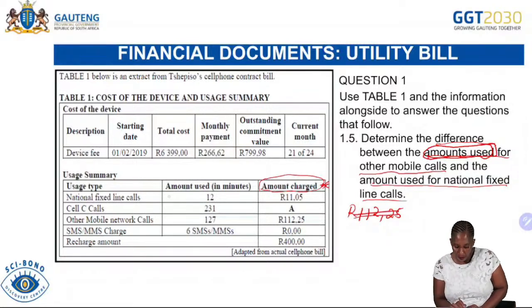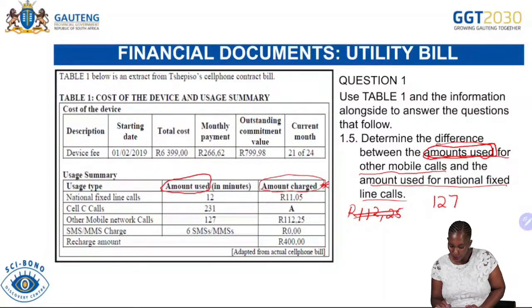What they are looking for, the amount used in minutes. So now, for other mobile networks, they used what? 127 minutes. And then for the national, because they said difference between the amounts used for other mobile network, this one, which is 127 minutes, and for the national fixed lines, this one. So meaning the national fixed lines is 12. And then we go back to our calculator.